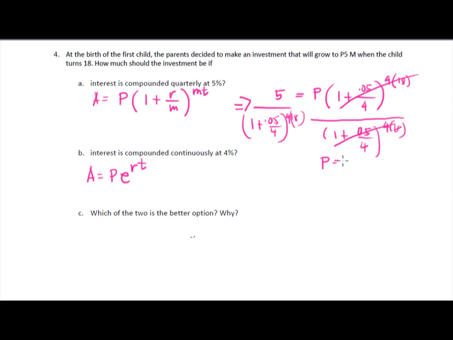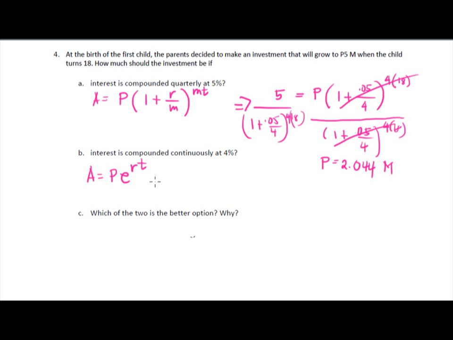So P in the first one is 2.044, meaning 2,044,000. Okay, so this is in terms of millions.